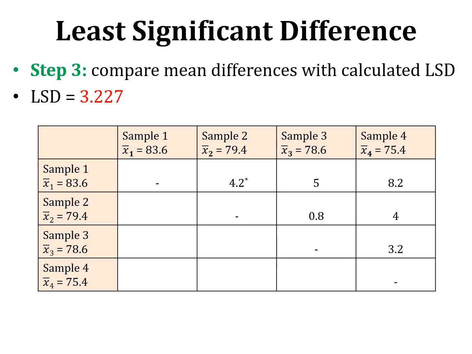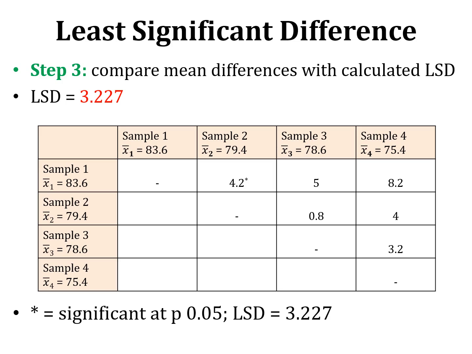Now, what does it notify? It notifies that the results are significant at 0.05, right? At probability of 0.05. So the single asterisk means that this difference between the sample means is significant, right?